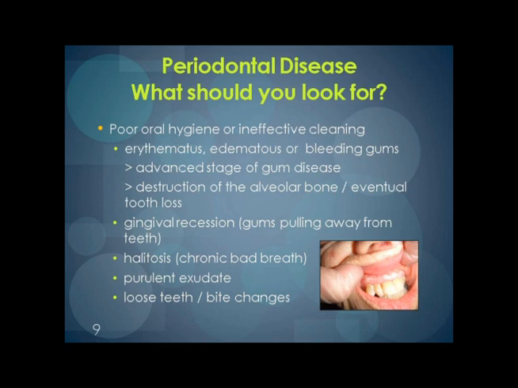Other indicators of the presence of gum disease are gum recession, chronic bad breath, the presence of pus, and of course, in more advanced stages, tooth mobility. Periodontal disease in its early stages rarely has pain involved with its presence and may therefore go undetected unless regular assessments take place.